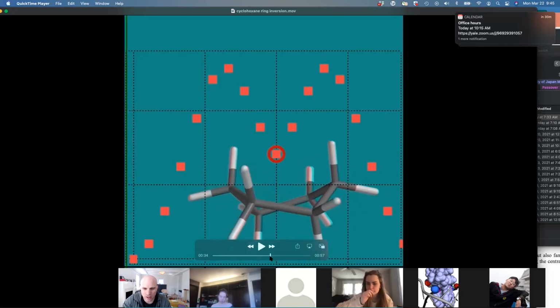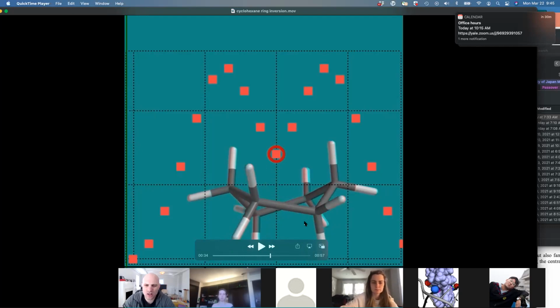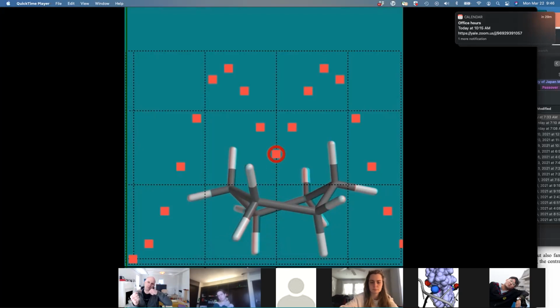And so, yeah, hopefully this helps. In the boat conformation, these 2 end carbons would be pointing closer to each other. And the C-C bonds in the front here and in the back would be parallel. And in the twist boat, they're exactly twisted. They're not parallel, they're out of plane.